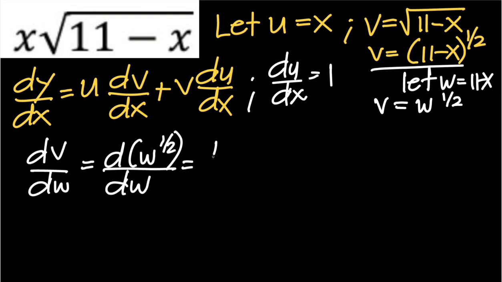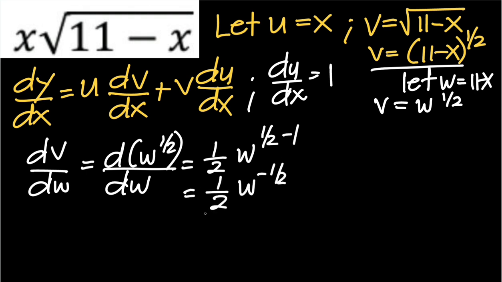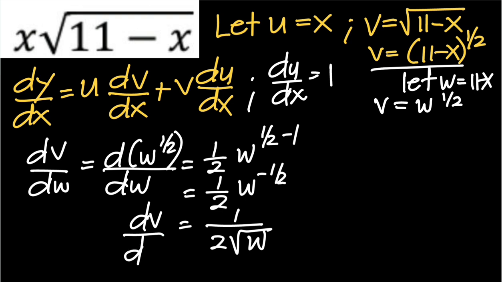And this is just equal to 1/2 times w to the 1/2 minus 1. And that is equal to 1/2 times w to the negative 1/2, or 1 over 2 square root of w, because w to the negative 1/2 can be written as 1 over w to the 1/2. So this is our dv over dw.